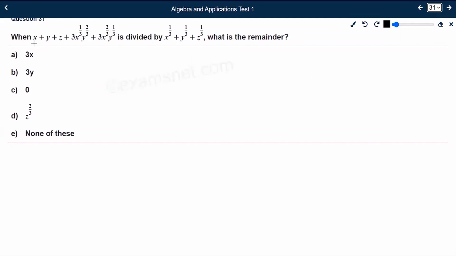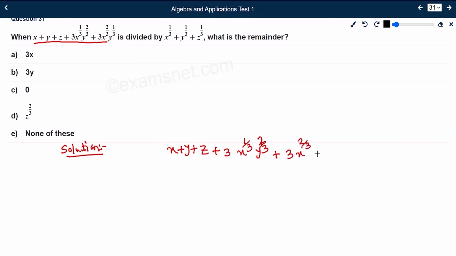First, I will start with this expression that has been given in the question. So here, let me write it first. x plus y plus z plus 3 x to the power 1/3 y to the power 2/3 plus 3 x to the power 2/3 y to the power 1/3.